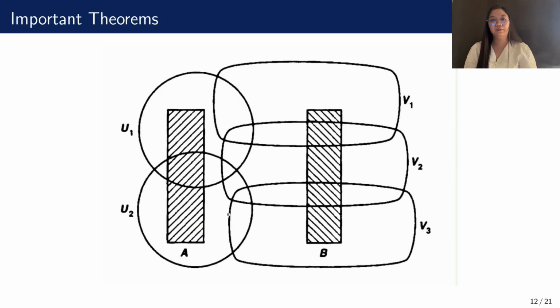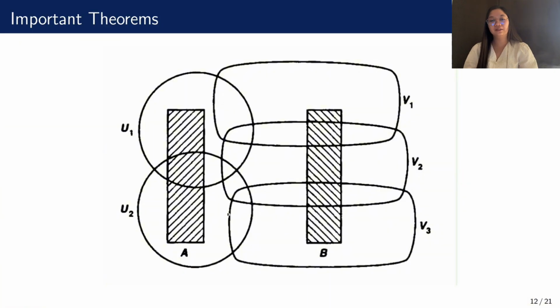On the left side we have U sub 1 and U sub 2, which are the open covering of A. On the right side we have B sub 1, B sub 2, and B sub 3, which are the open covering of B. As we can see, the open coverings overlap, which we don't like, because by the definition of normal spaces the neighborhoods should also be disjoint. That's why we trim them.